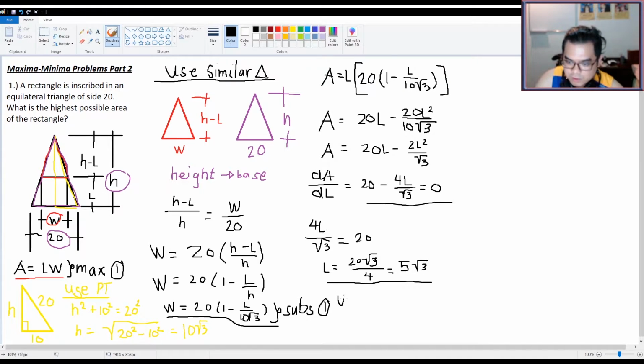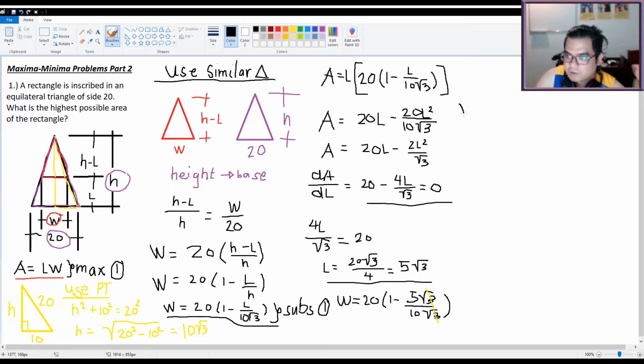So substituting that, your width now will be equal to 20 times 1 minus your length, which is 5 square root of 3 over 10 square root of 3. So now we can cancel square root of 3, and 5 over 10 is just 1/2.